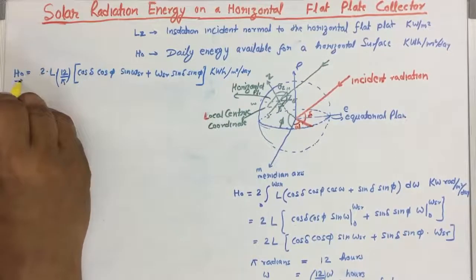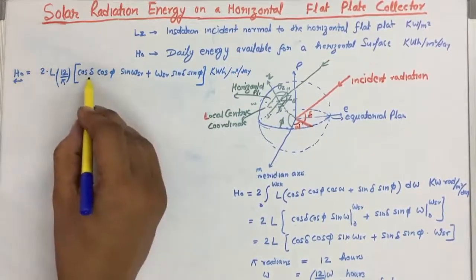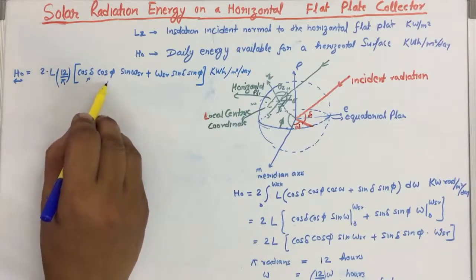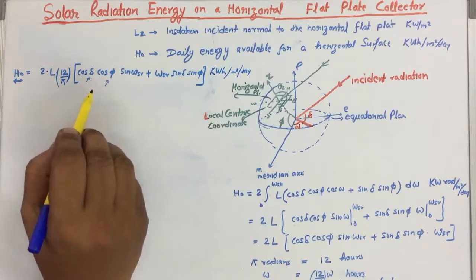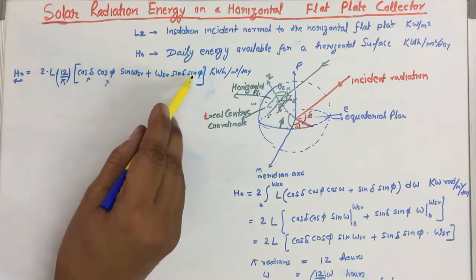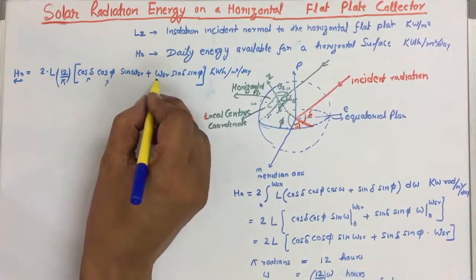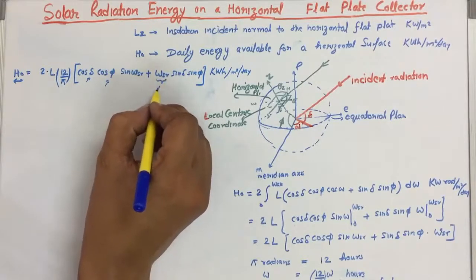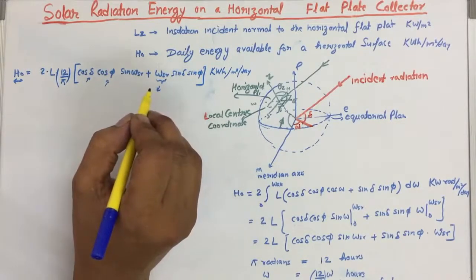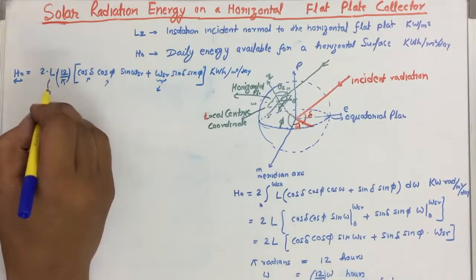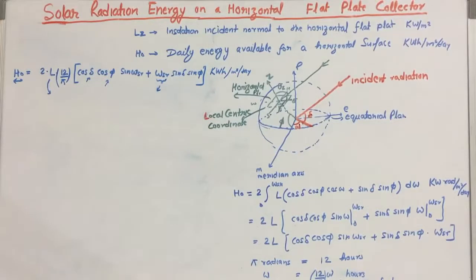To find the H naught, declination angle is known, latitude angle is known, these two terms are known. What are unknown are the sunrise time hour angle and the extraterrestrial insolation level.